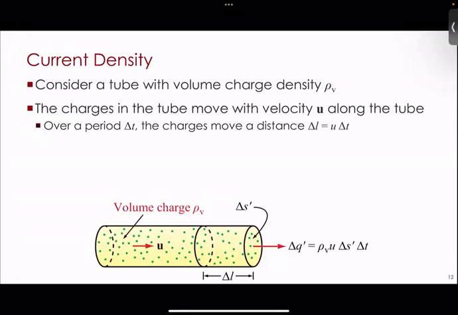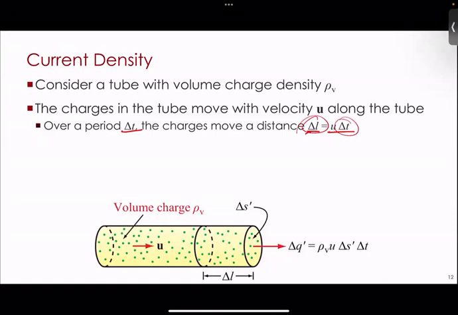So if we think of a period delta t, and we want to know how far the charges move, if you know the velocity, this is like saying you're driving at 65 miles per hour on the 405, and you drive for half an hour. How far did you go? That's really all we're saying here, okay?